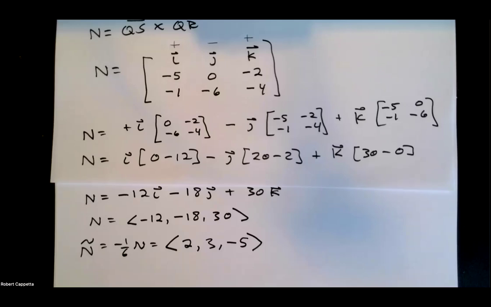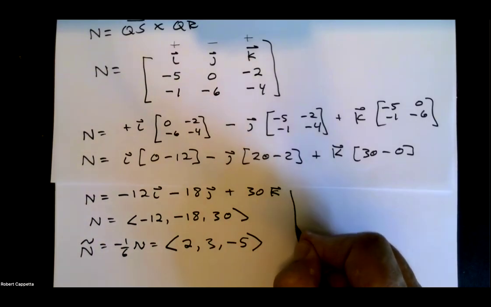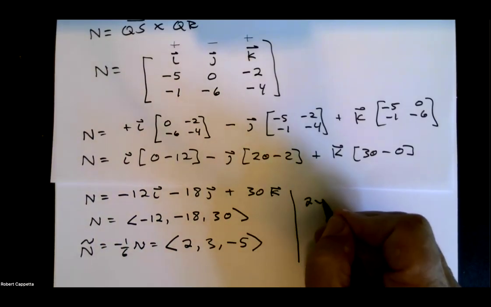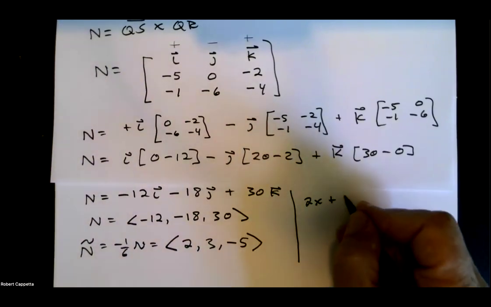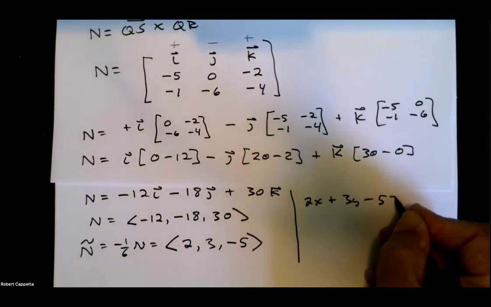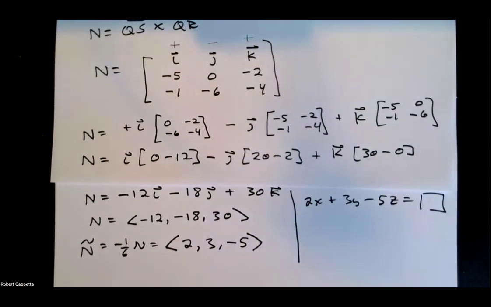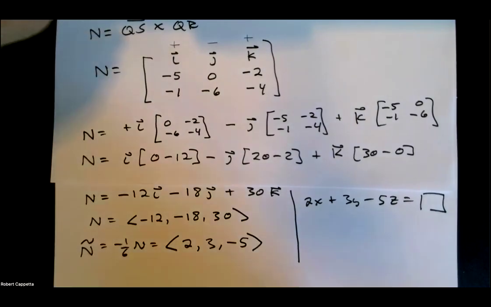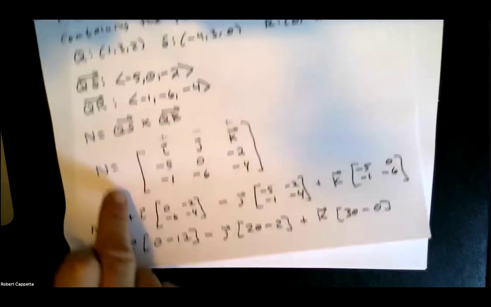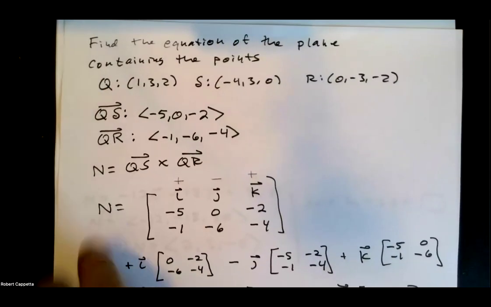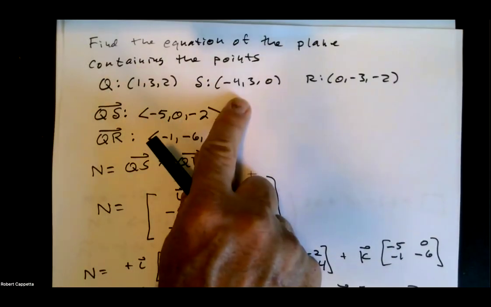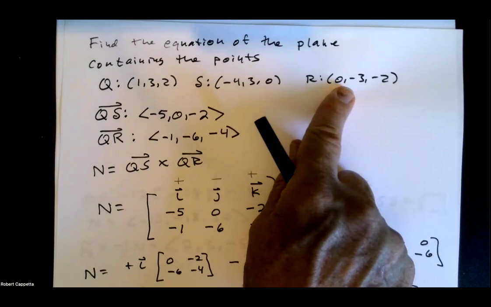Now, we also needed to have points. So my equation is going to be 2x plus 3y minus 5z equals something. So do we recall the points that we had when we began this process? What were they? Well, we had 1, 3, 2; negative 4, 3, 0; 0, negative 3, negative 2.